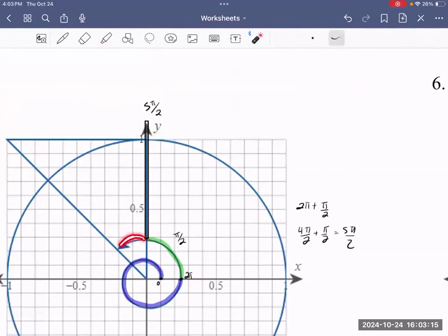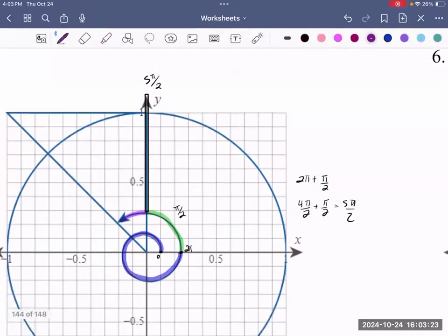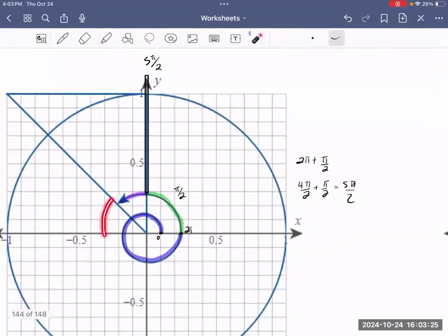meaning that we now need to take an additional little sliver. Now this little sliver right here, we're going to use a reference angle. Keep in mind your reference angle is referring to what we know from your first quadrant, and it's always from this terminal ray to the x-axis.